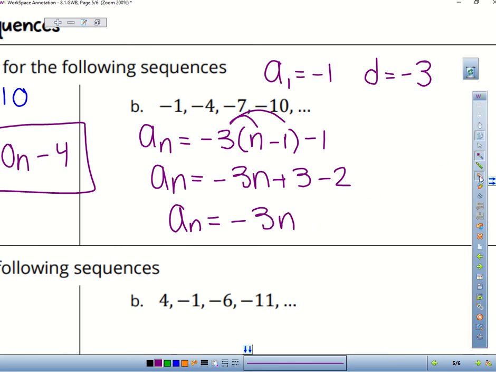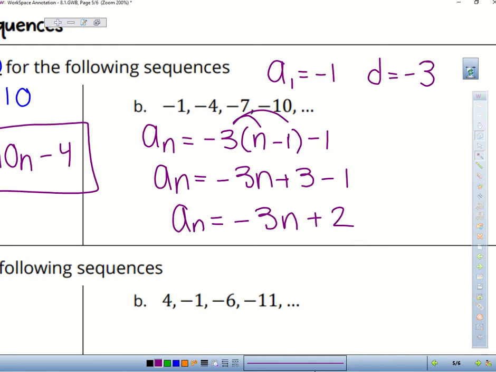Why did I write a 2 there? That was it's a 1. Oh. Plus 2. Anybody have any questions about that? So if you need to find in whatever, in Exactly. Way more useful than doing it out every time.